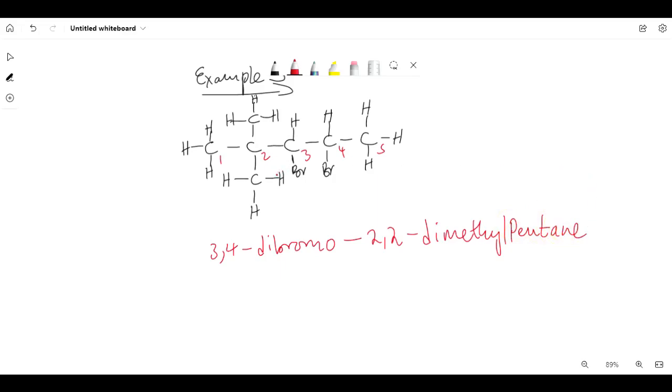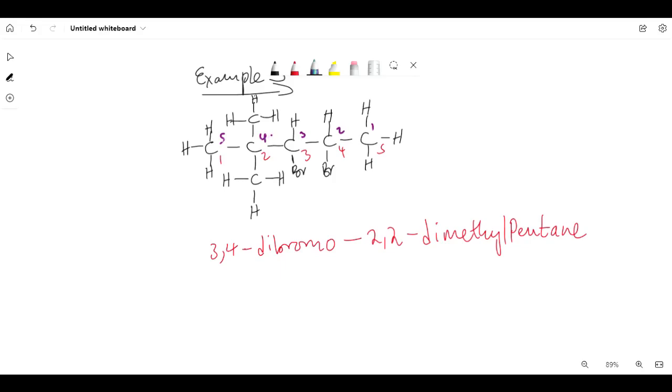Now the total number of positions: 3 plus 4 is 7, 7 plus 2 is 9, 9 plus 2 is 11. If here I count from the other side, 1, 2, 3, 4, 5, I would have bromine at 2 and 3, so 2 plus 3, which is 5, and then 5 plus 4 plus 4.